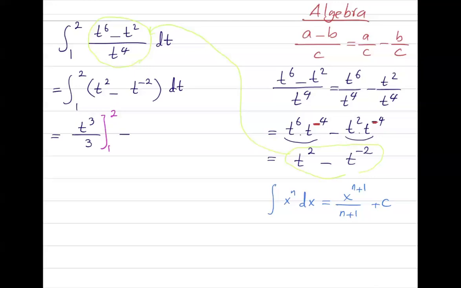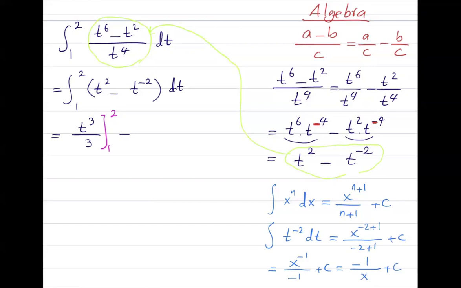Remember that the integral of x to the power negative 2 dx becomes x to the power negative 2 plus 1 divided by negative 2 plus 1 plus c. In short form, you can write it as x to the power negative 1 divided by negative 1 plus c, or negative 1 over x plus constant of integration.